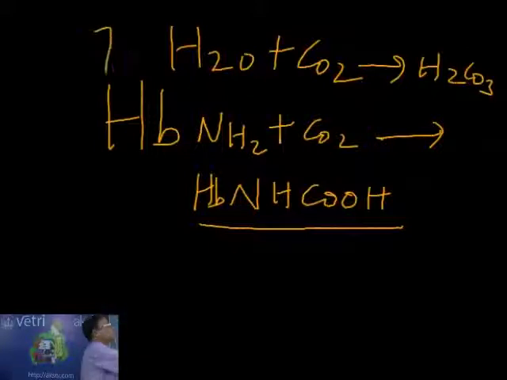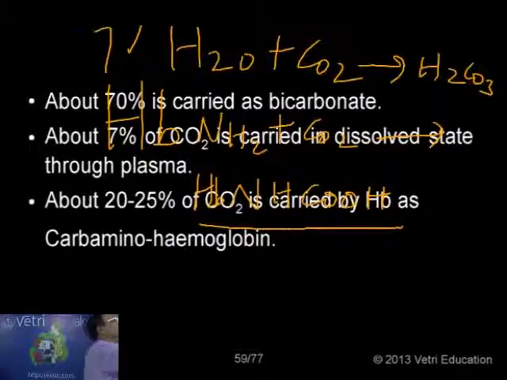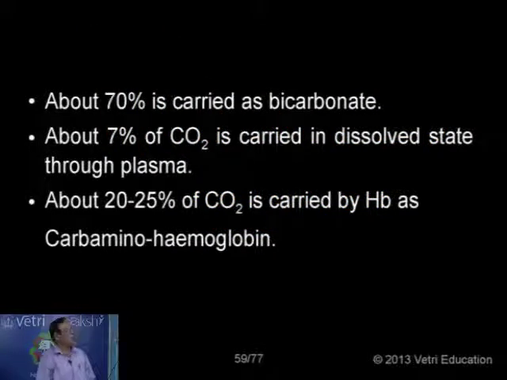Nearly 20 to 25% is transported as carbaminohemoglobin, and the major amount, about 70%, is transported as bicarbonate. So carbon dioxide is transported from the tissues to the alveolus for exchange in three ways: as bicarbonate, 70%; 7% as carbonic acid in dissolved state; and 20 to 25% as carbamino compound in combination with the amino group of hemoglobin.